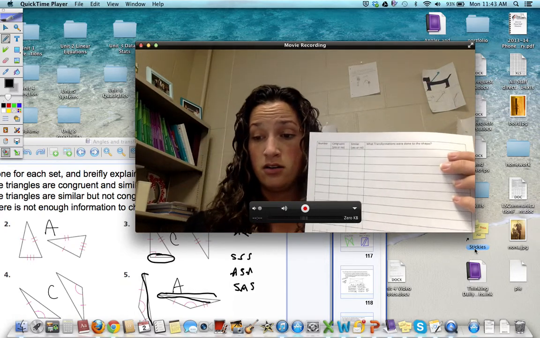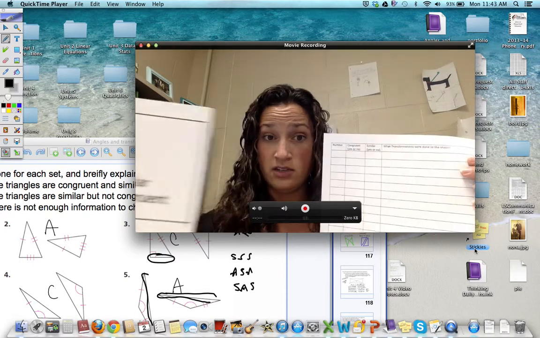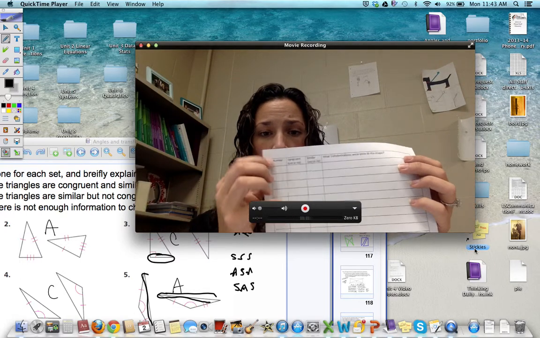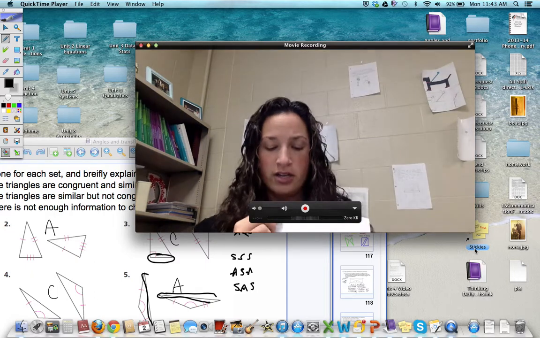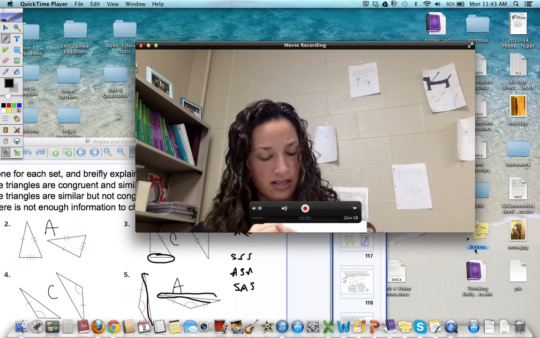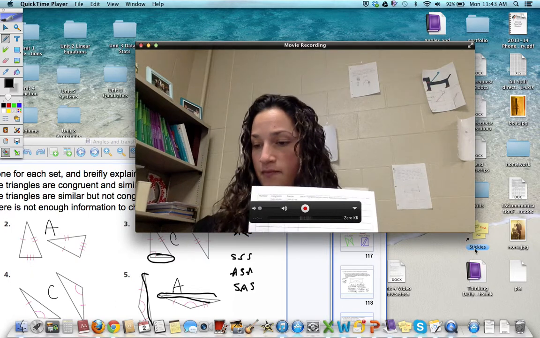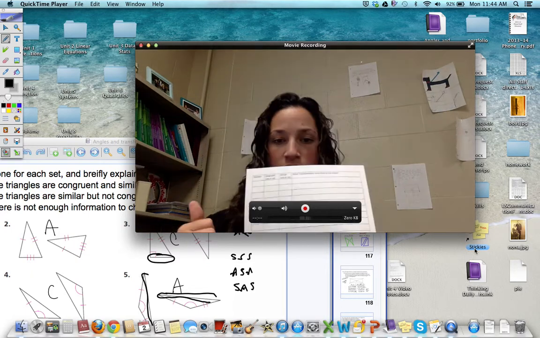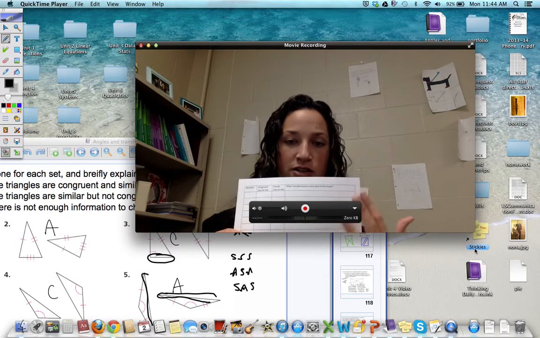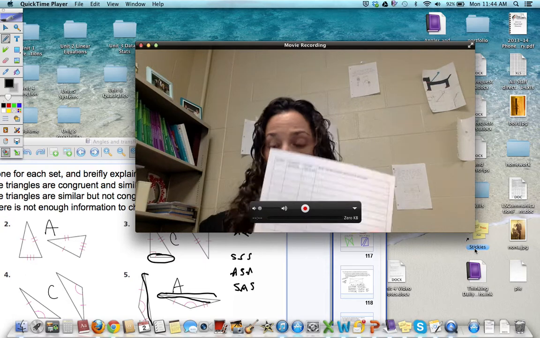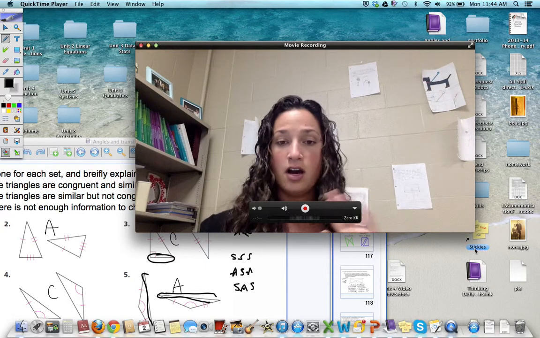So like this one is number 1, so I would put a little number 1 here. Are they congruent? Yes or no? You would put a Y or an N. Are they similar? Yes or no? Y or N. And then you're going to tell me what transformation, like if it was dilated or reflected or what happened to it. So you're telling me if it's congruent, similar, and then what happened to it. And that's all you're doing for today.